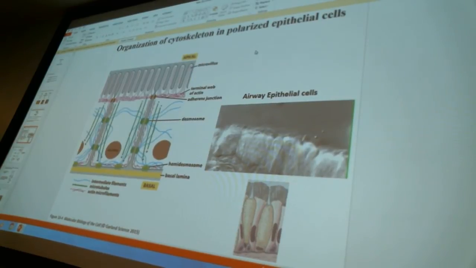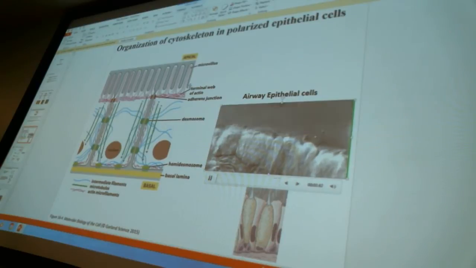Here's an example of the typical organization of the cytoskeleton in polarized cells. This is a case of epithelial cells. If we look at the structure of such a cell, it's very diverse and complex. You can see actin filaments on the periphery of the apical side of the cell layer.